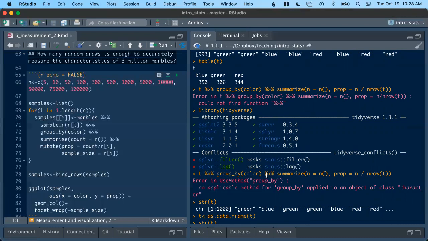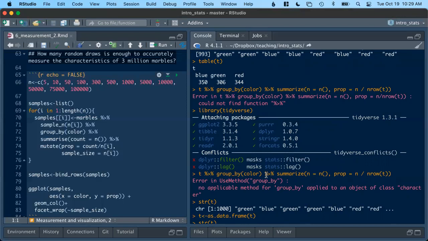Sometimes it's easier to do it by hand. X bar blue is equal to, what's our count for blue? 350. And what's our N? 1,000. X bar green, 6. X bar red.